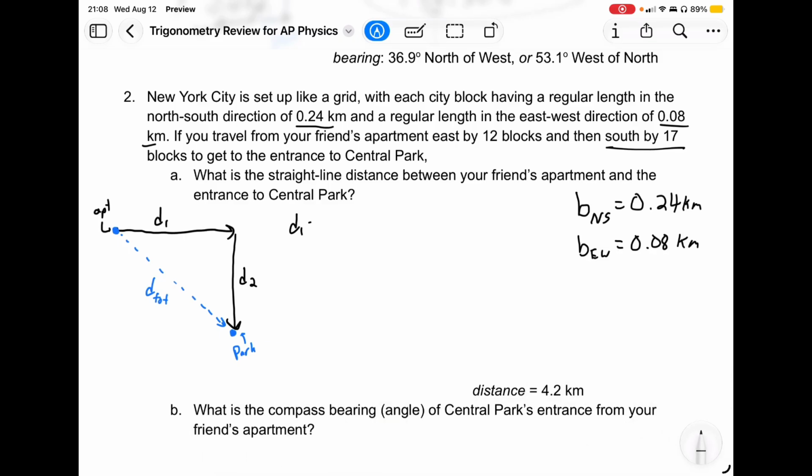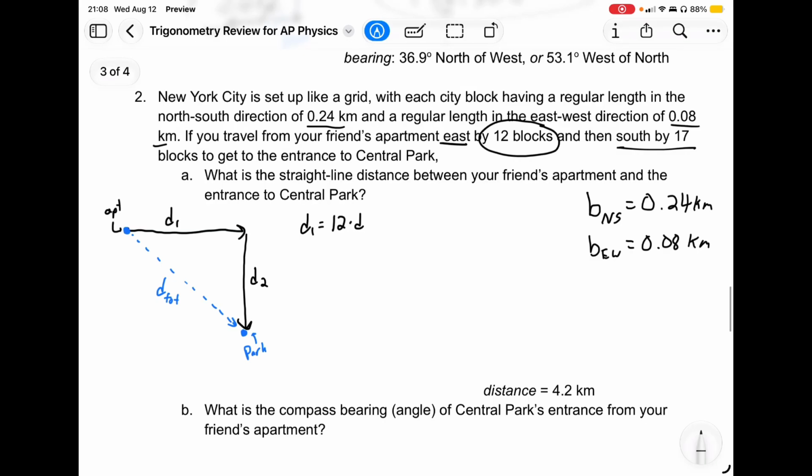So D1, we know, is when we're traveling east, and that is a length of 12 blocks. So that's 12 times the distance. Oops, sorry, rather than D, this is our blocks east-west, right? The length of each block east-west is what we want to multiply that 12 by, since we went 12 blocks in that direction.